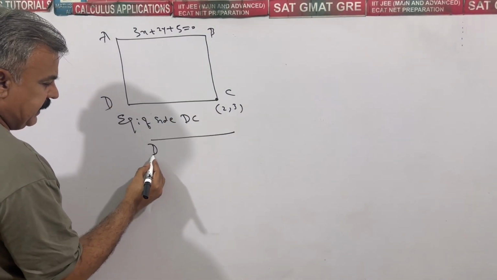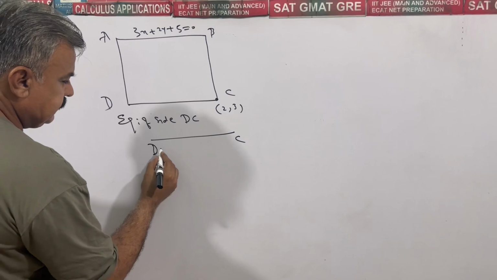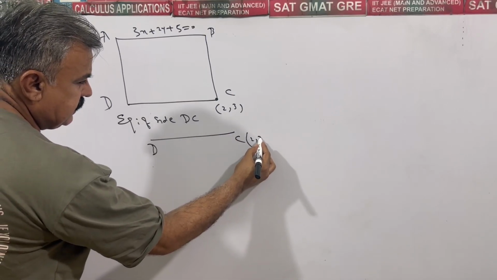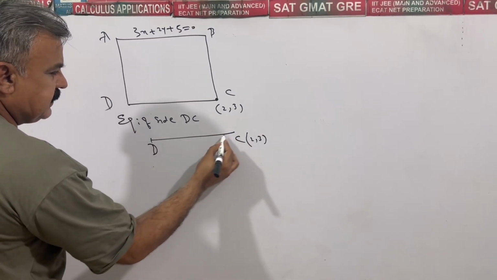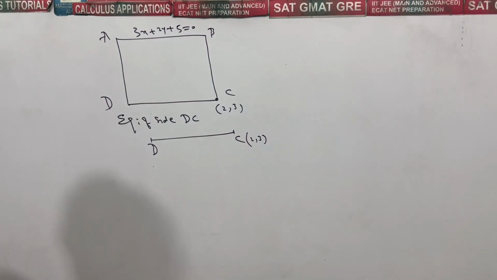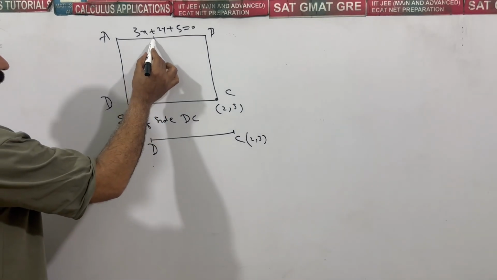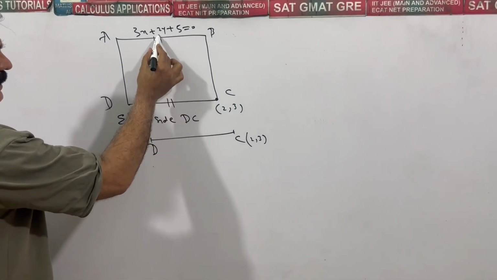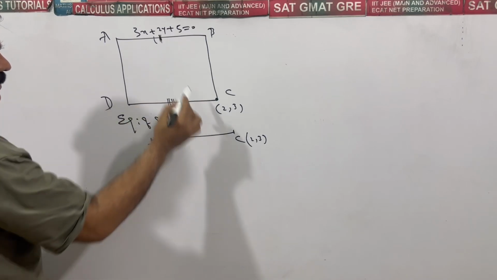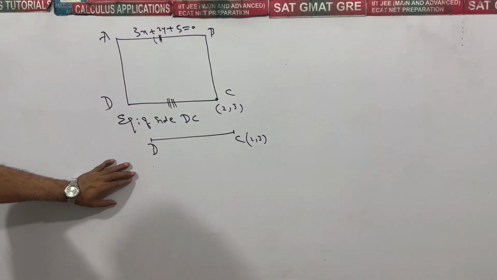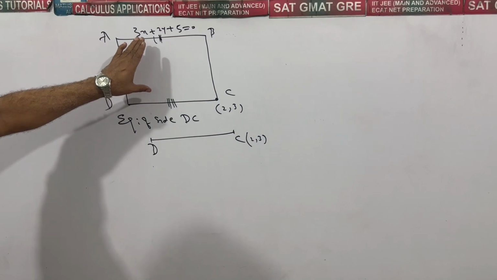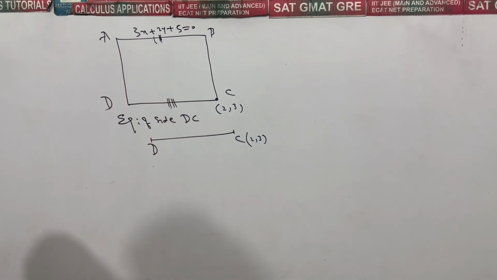Let me write DC independently. Point C is given to us: 2, 3. This is a line segment. The equation of a line segment or a line is workable, and the same concept works here. Now we know that opposite sides are parallel. In the case of lines or line segments, when they are parallel, their slopes are equal.